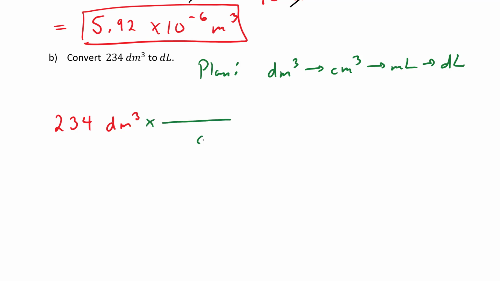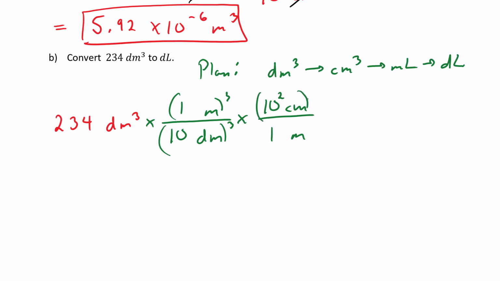Here we'll go from decimeters to meters, and then meters to centimeters. 1 meter is 10 decimeters, and 1 meter is 100 centimeters. Now remember, these are cubic units, so I have to cube both the top and the bottom. I will then have it in centimeters cubed.